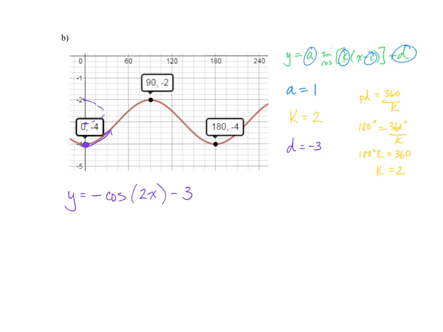Now I need to come up with a sine curve though. If I build my sine graph, that wouldn't change my amplitude, so I know I'm going to have a sine value that has a coefficient of 1. It doesn't change my period, but it will require a phase shift. This sine curve, if I was to start to sketch it, would start in the middle and rise.